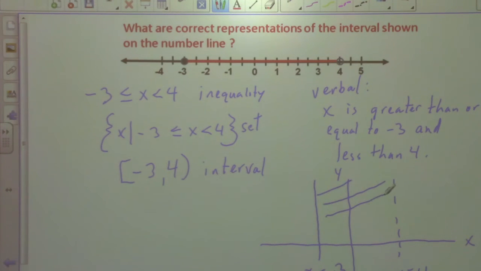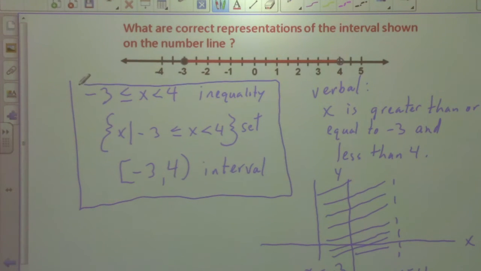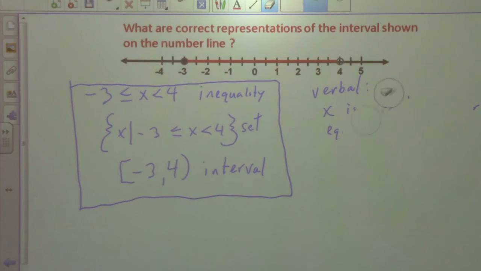Shading. You ever seen that notation before? So 5 types of notation or representations. These are the ones we've been primarily focusing on since the beginning of the year, right? And I think on your test, you're going to be asked to do one of these 3 here, I think.